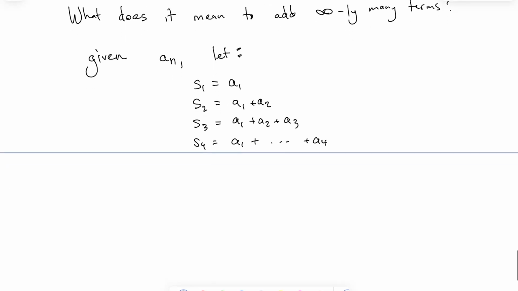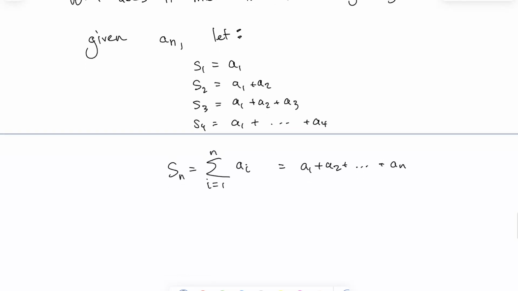If I wanted to write this in general, I would say S_n is the sum up to term number n, and you could write that as the sum from i equals 1 to n of a_i. If I were to write it all out, it would say a1 plus a2 up to a_n. This is the sum of the first n terms, and this S_n is a sequence.